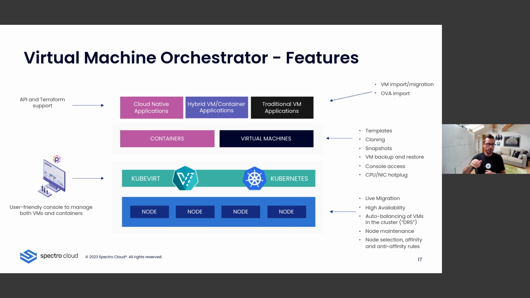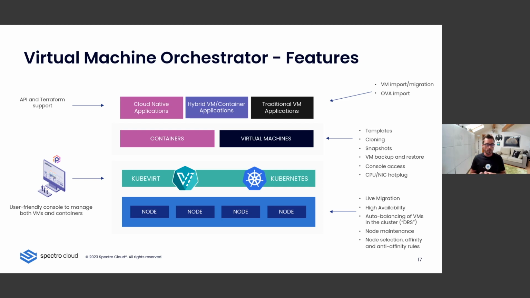For VMs themselves, if we go a bit up, we provide out-of-the-box templates, but you can also create your own templates, obviously. You can do cloning, snapshots, VM backups and restore. You can access the console via the GUI. You can do hot plug of CPU, of the NICs, and so on.